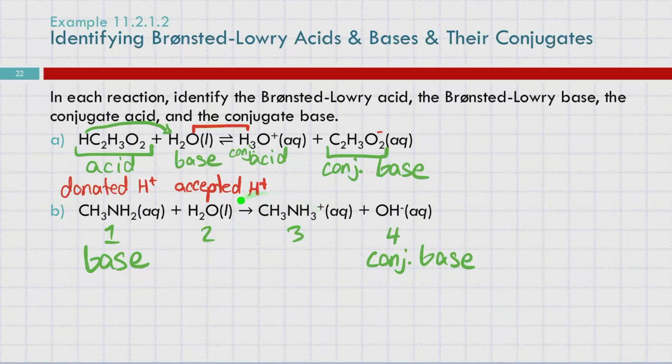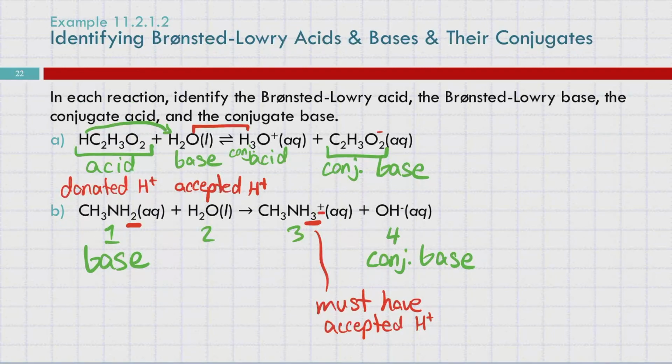We could also look at the product side, and we see that it's picked up an H. So it went from NH2 to NH3+. It means it picked up an H+. So it must have accepted H+, and accepting H+, or accepting a proton, is our definition for a base. So to get there, it must have done a base action, so it's a base.